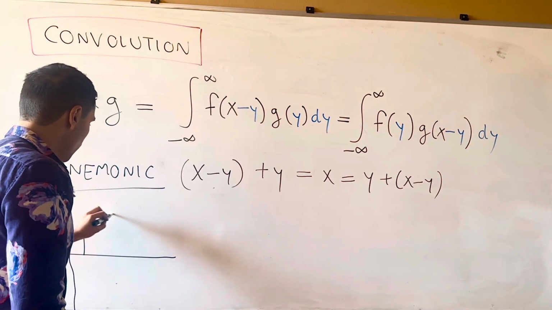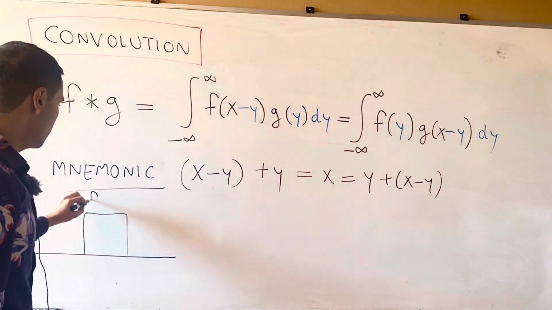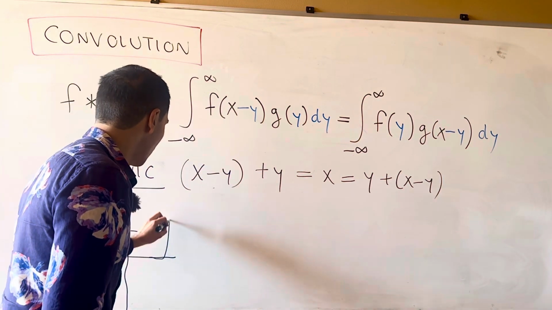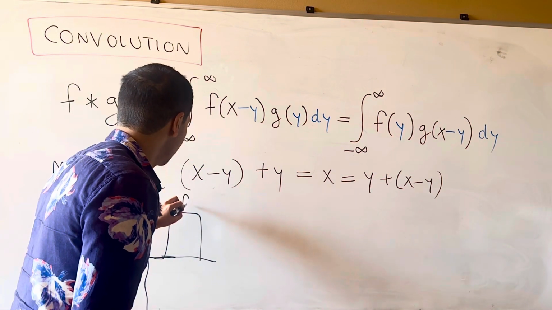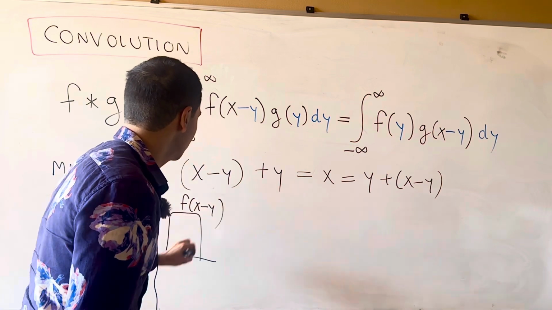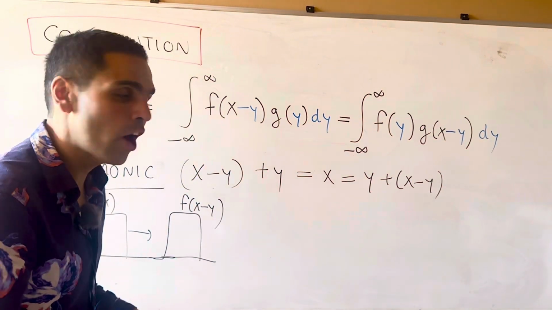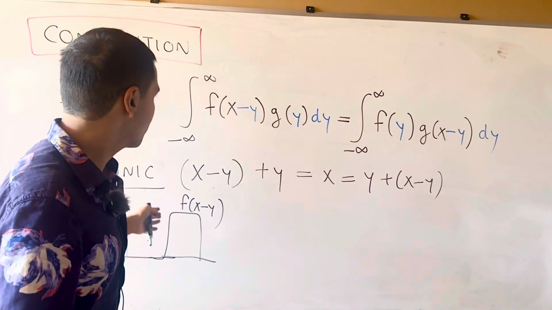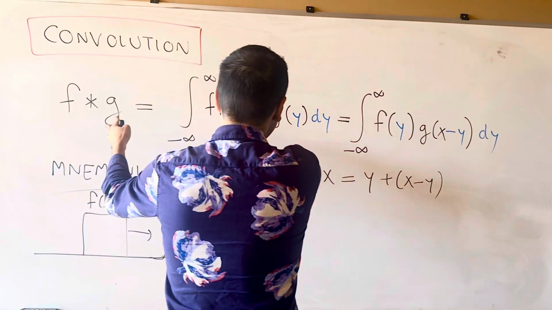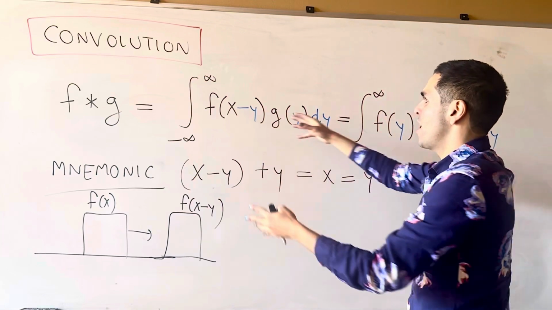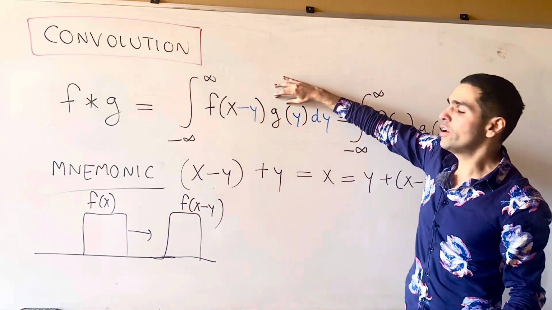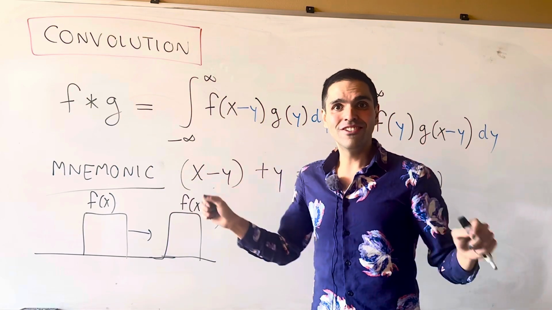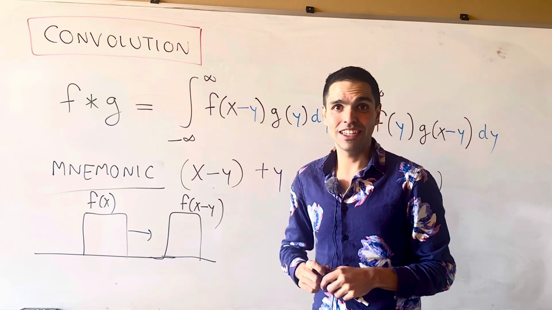So in the demo, there's this little rectangle, let's call it f of x, and then f of x minus y is the same thing, but shifted to the right, and somehow you're taking this with an average of this function g. So once again, it's kind of like a moving average where f goes to the right with the weight g. So once again, watch the demo to really have a nice visualization of this.